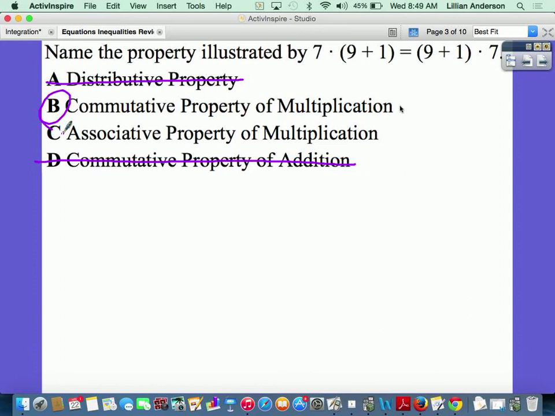So commutative property, the numbers trade places. Associative property, the numbers stay where they are, it's the parentheses that move. Everybody understand that? Okay.